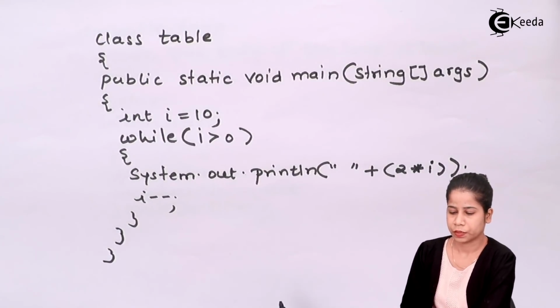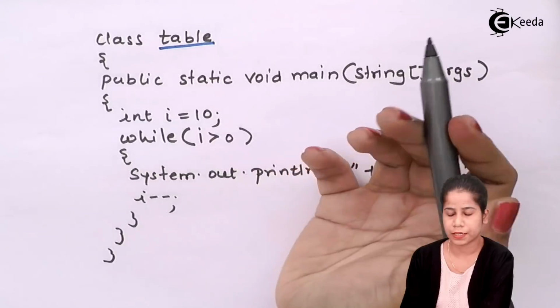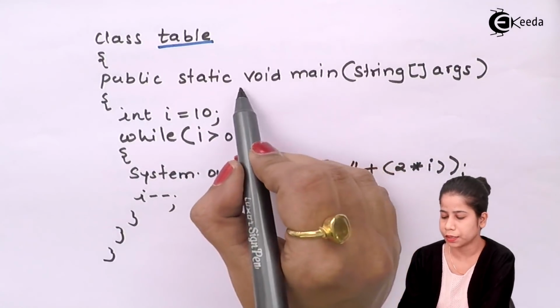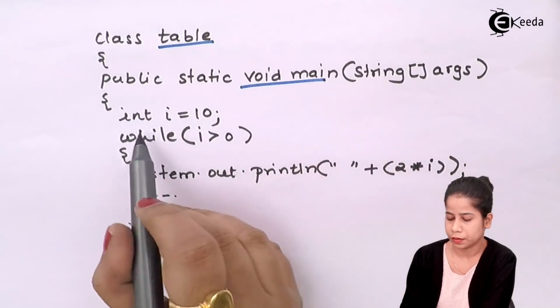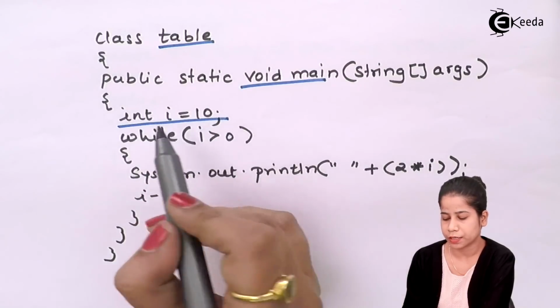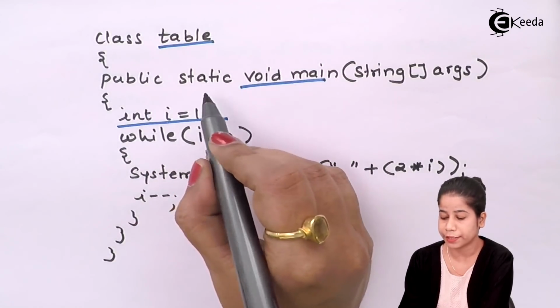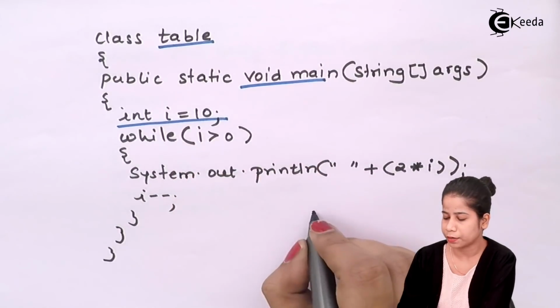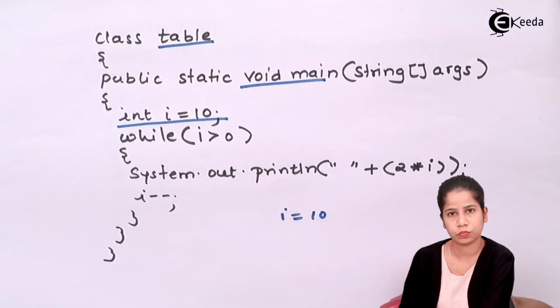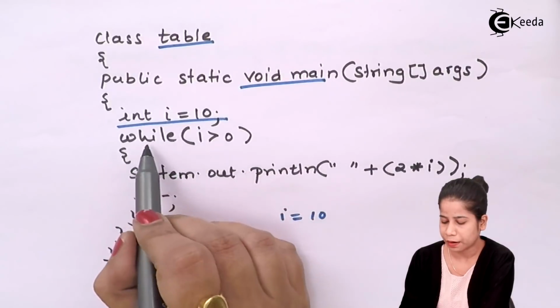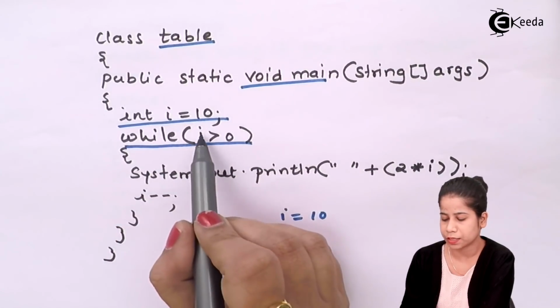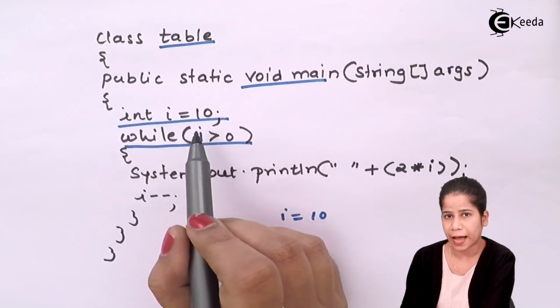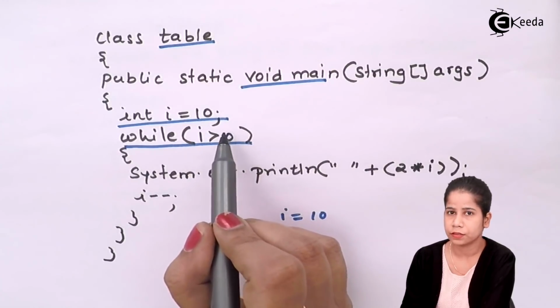So again I'm having a class Table. Then I'm having the main method. Here I'm having the initialization statement, I is equal to 10. So my counter is going to start with 10 now. Then I'm having the condition. The condition says that I has to be greater than 0.